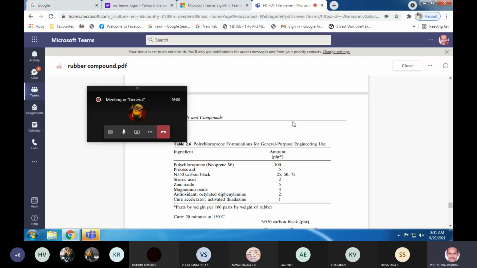And the fifth attribute of chloroprene is its resilience at an elevated temperature. Right? That is the fifth, which NR cannot offer. At elevated temperature, chloroprene gives you resilience. All right, that is the fifth attribute.